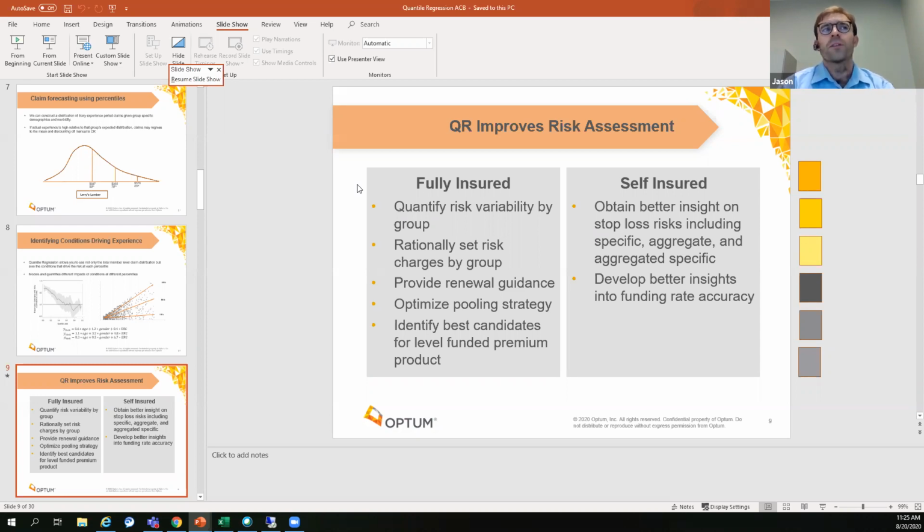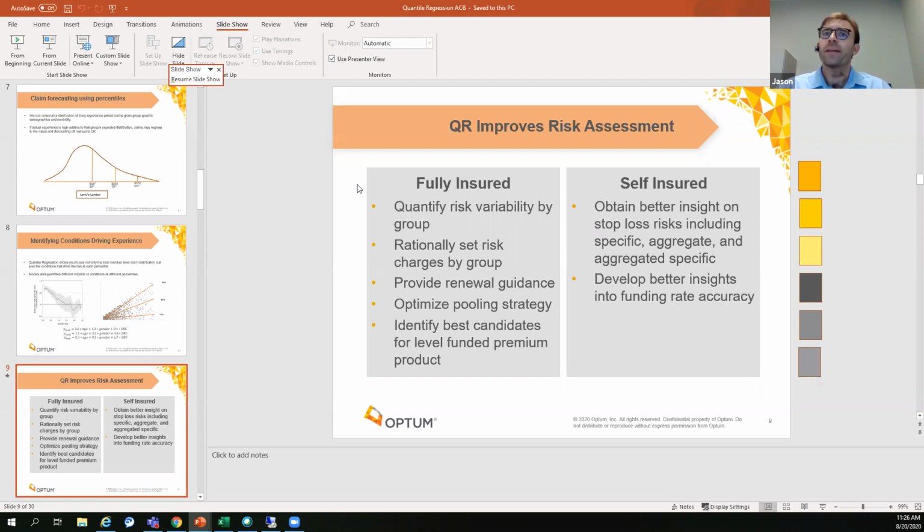For groups that are fully insured, I think in terms of setting risk charges and understanding how to do it in a fair way in terms of the actual risk that the group brings to the block. Right now, there's no really good way to quantify that variability in the right way and to make sure that the risk charge is appropriate to what that group brings. Quantile regression gives you that power.